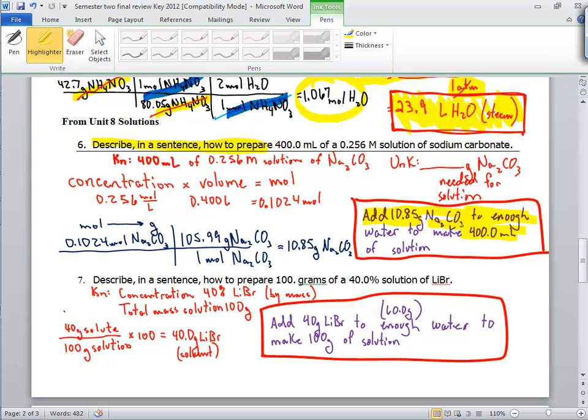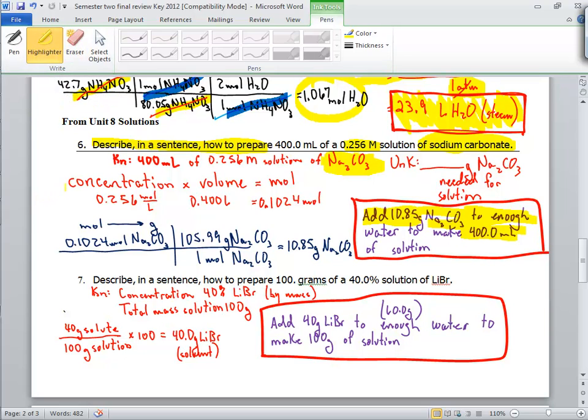So in this problem, it says how do I prepare 400 milliliters of this 0.256 molar solution of sodium carbonate? Now I have to be sure and get the formula for sodium carbonate correct, or I'll miss the problem. Sodium is +1, carbonate is -2, so the formula is Na2CO3.